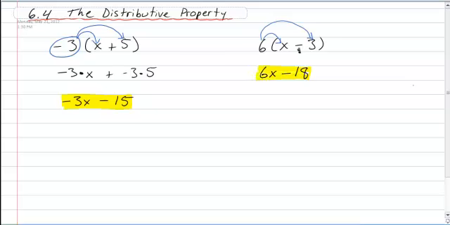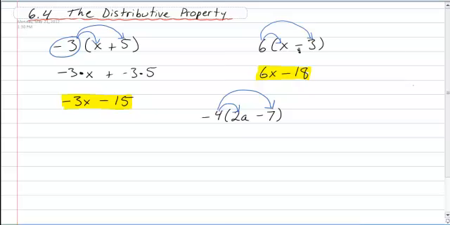Right? But what happens here if we have negative 4 times, let's say, 2a minus 7? Alright, what are we going to do here? We'll still use the distributive property here. We're going to go negative 4 times 2a, and we're going to get a negative 4 times negative 7.